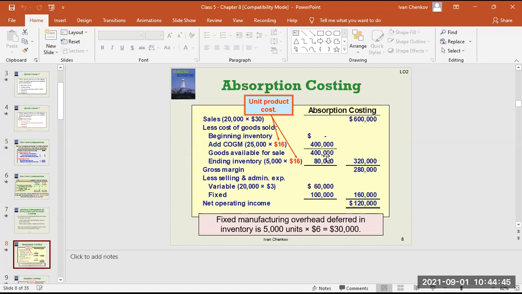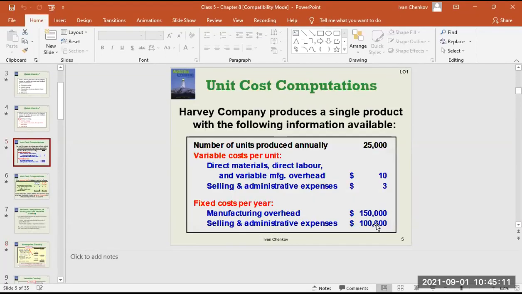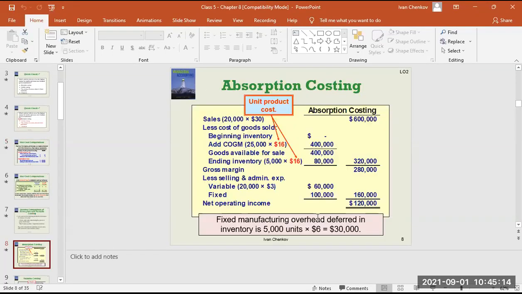So our cost of goods sold, related to the 20,000 units, is only $320,000. Gross margin is $280,000. Now, in the selling and administrative expenses, we're going to include the variable cost on the 20,000 units that we're selling, or $60,000. The fixed expense is given, exactly $100,000. And that's going to give us a net operating income of $120,000.